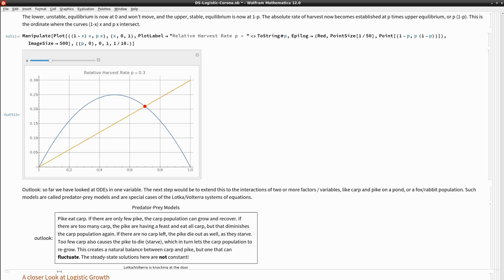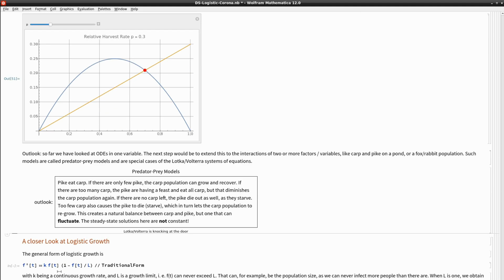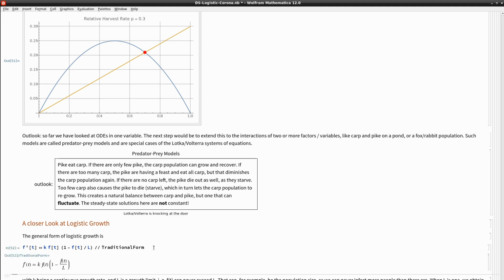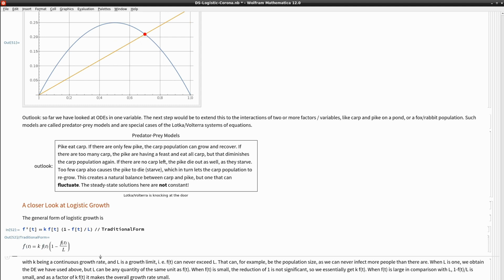All right, so let's now look a little bit closer at the logistic growth. Again, using differential equations and a few plots to take home very important points. The general form of the logistic growth is as follows. We have k times f of t as we had before.